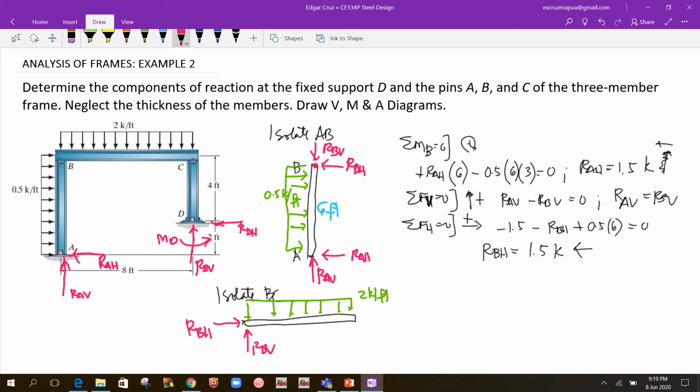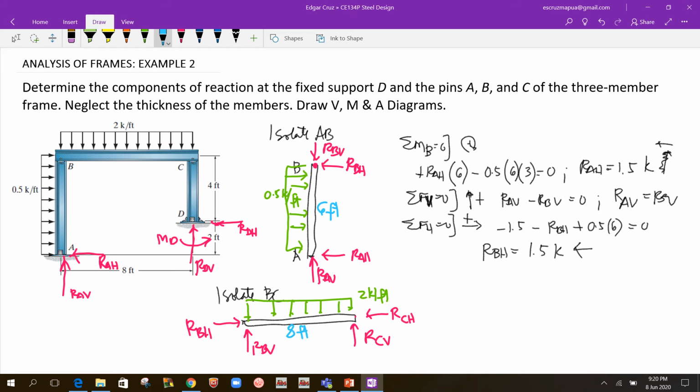Tapos sa kabilang dulo naman, it could be to the left, yun yung RCH, at saka pataas yung RCV. Okay, then the length of the member BC is 8 feet. So 8 feet.